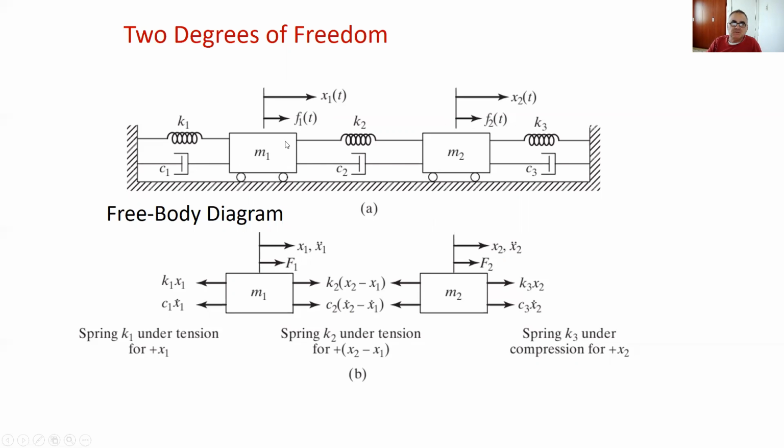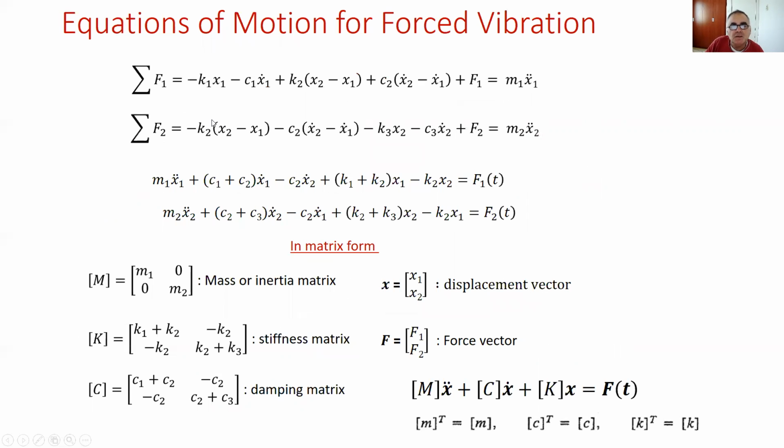The standard procedure is that for x1 we assume x2 is fixed and find the direction of the force. Then we assume x1 is fixed, and we move x2 and find the direction of the force again. So we find the spring forces, damping forces, and the external force, from which we set the equation of motion, which is Newton's law: the summation of forces is equal to mass times acceleration.